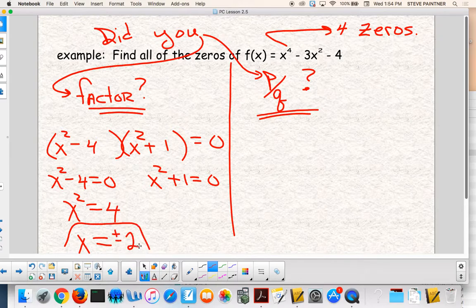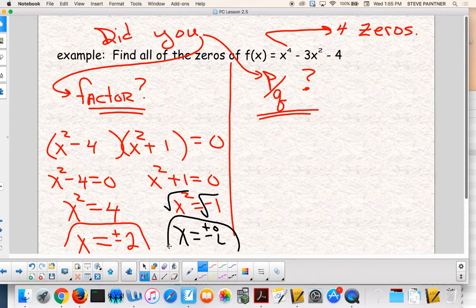That's an easy one. The other one, not quite as easy. It's going to be x squared equals negative 1, square root of this, x equals plus or minus i. There it is. Much faster than P's and Q's.